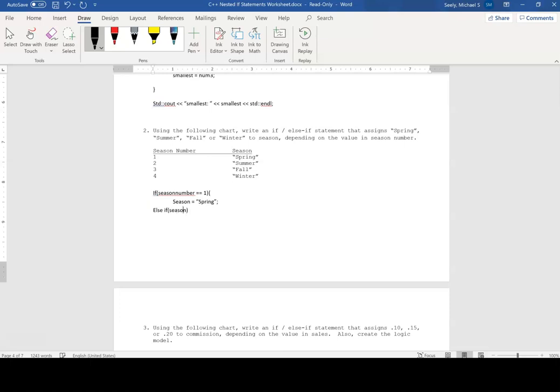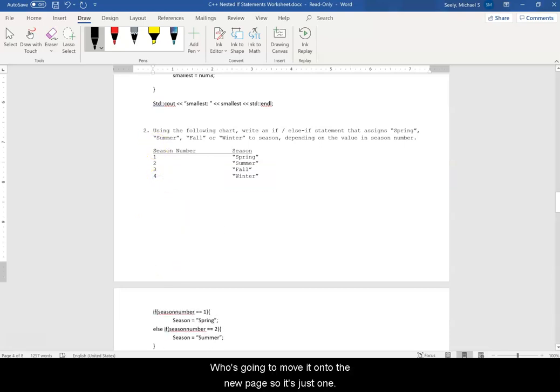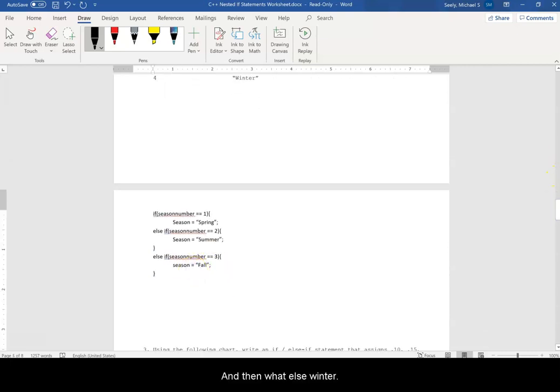Else if equals 2. I'm just going to move it onto the new page so it's just 1. And then what? Else winter.